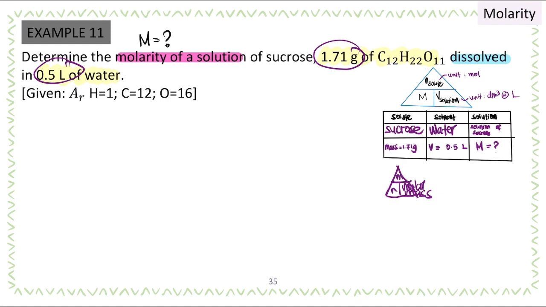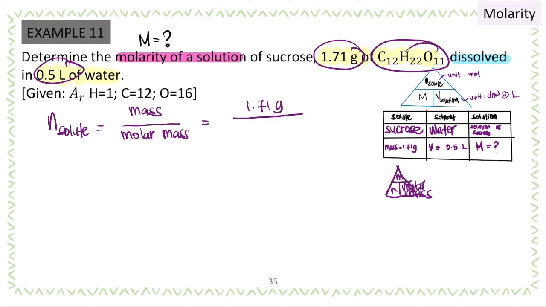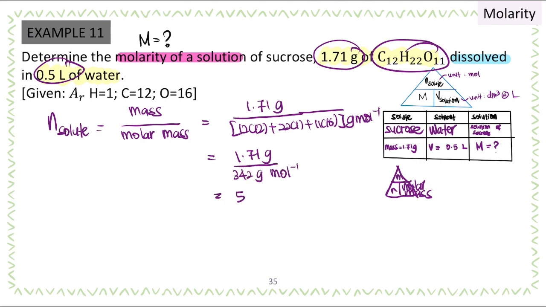So from the mass of the solute, we can find the number of mole of the solute by using the formula mass divided by molar mass. So we just substitute all the values inside the formula, and then we find the number of mole of solute is equal to 5 times 10 to the power of -3 mole.